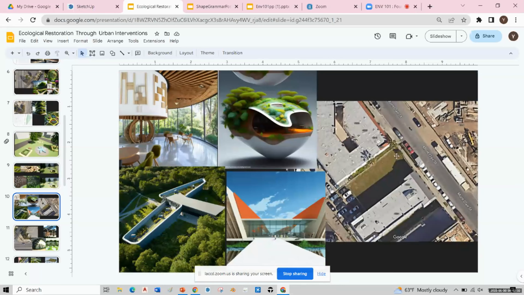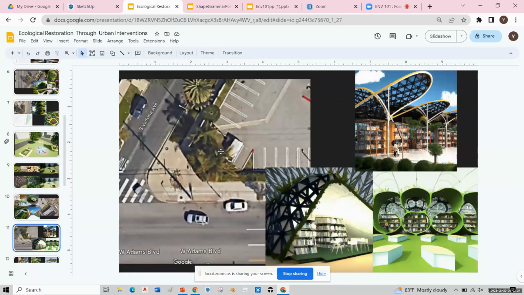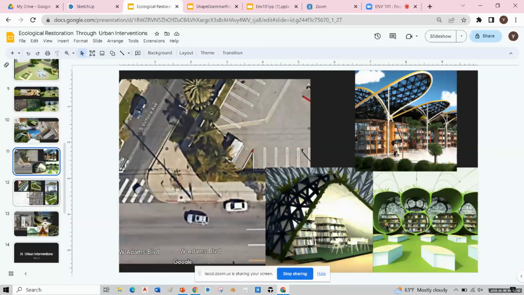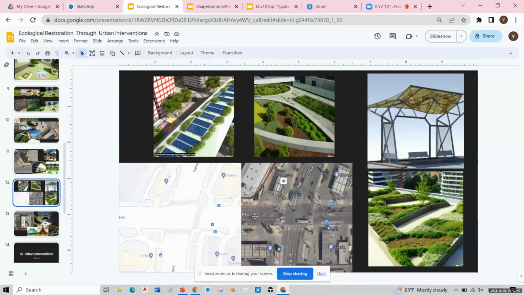This is another location. Another location where you can add libraries, and these are the examples from AI. This is a four-way location of gas stations where you can create a more eco-friendly facade using solar panels or more greenery.